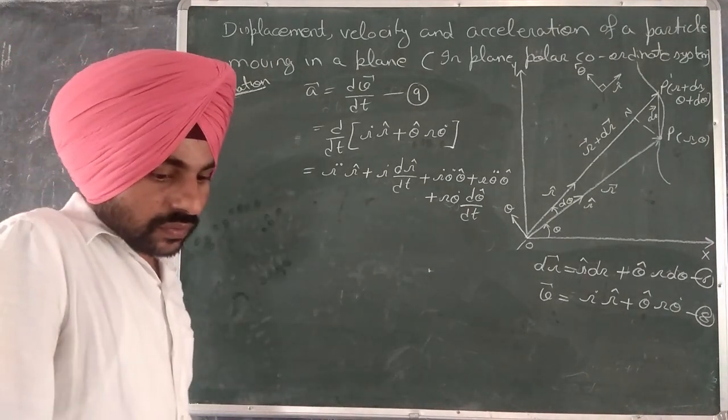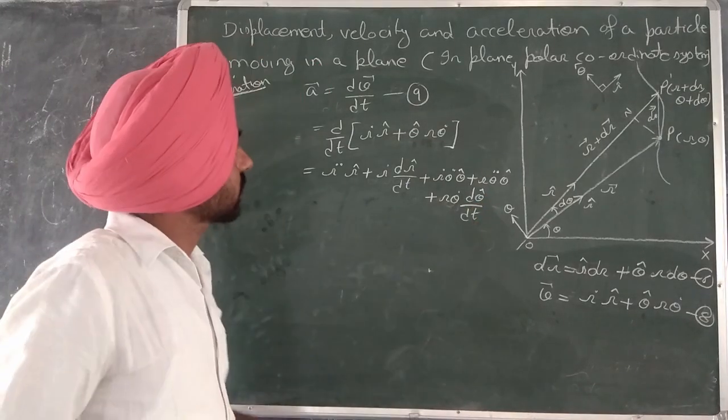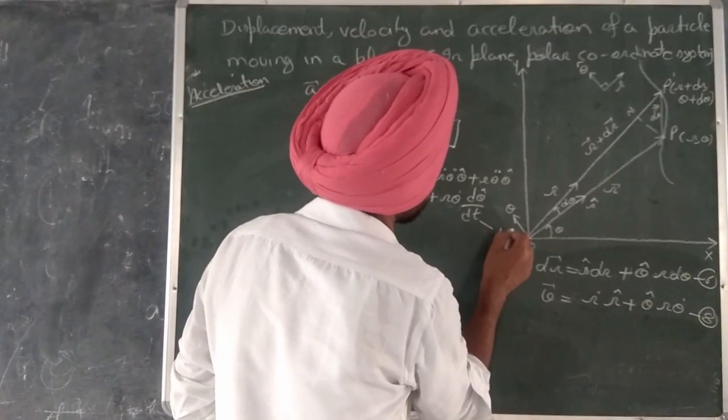So now we have to find out dr cap by dt and d theta cap by dt, and then we will substitute it in equation number 10.